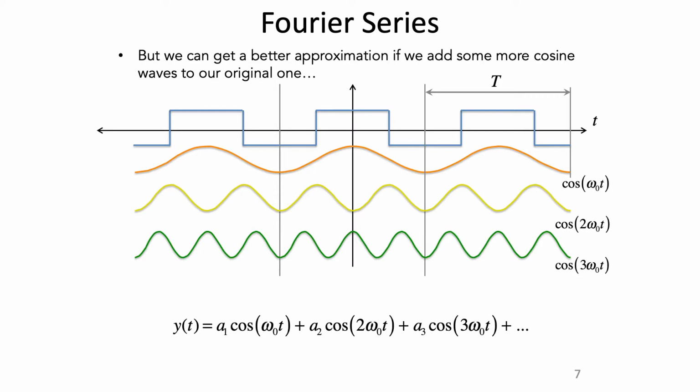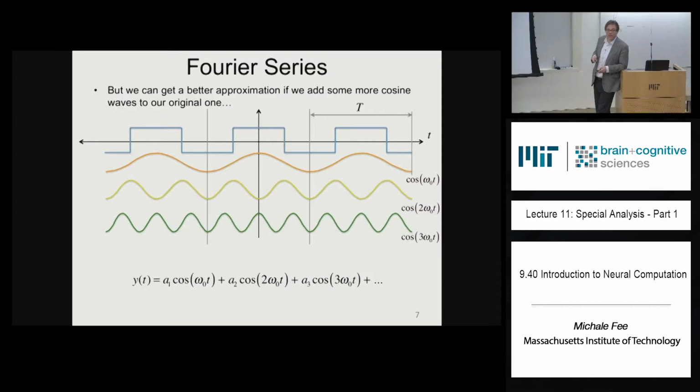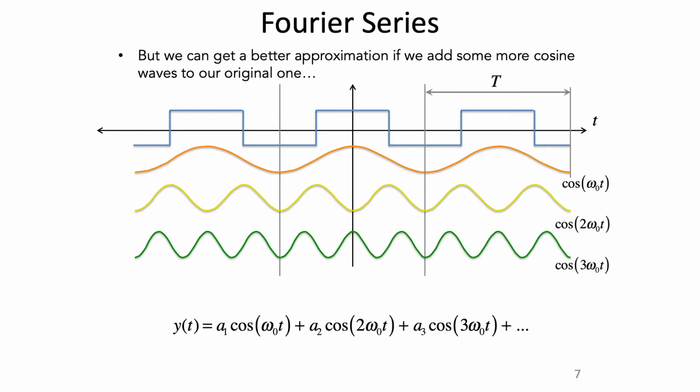Okay. All right, so we talked about the fact that you can approximate this periodic function as a sum of cosines. We talked about the idea that you only need to consider cosines that are integer multiples of omega naught, because those are the only functions that also are periodic at frequency omega naught, right? So a function cosine 3 omega naught t is also periodic at frequency omega naught.